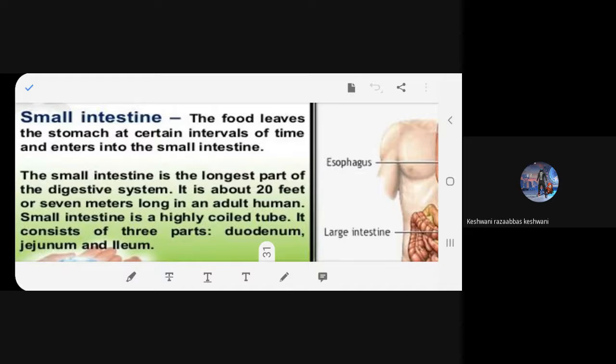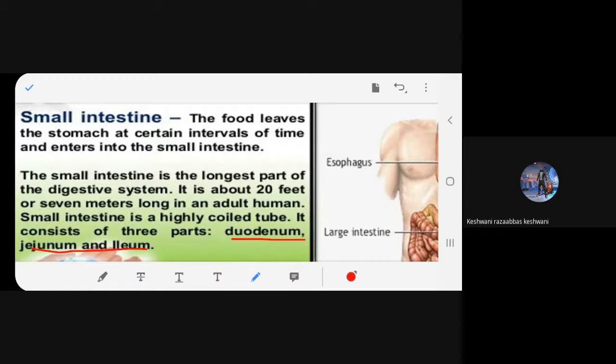Next, read. The small intestine is the longest part of the digestive system. It is about 20 feet or 7 meters long in an adult human. The small intestine is a highly coiled tube. It consists of three parts: duodenum, jejunum, and ileum. All these things you are not supposed to remember.